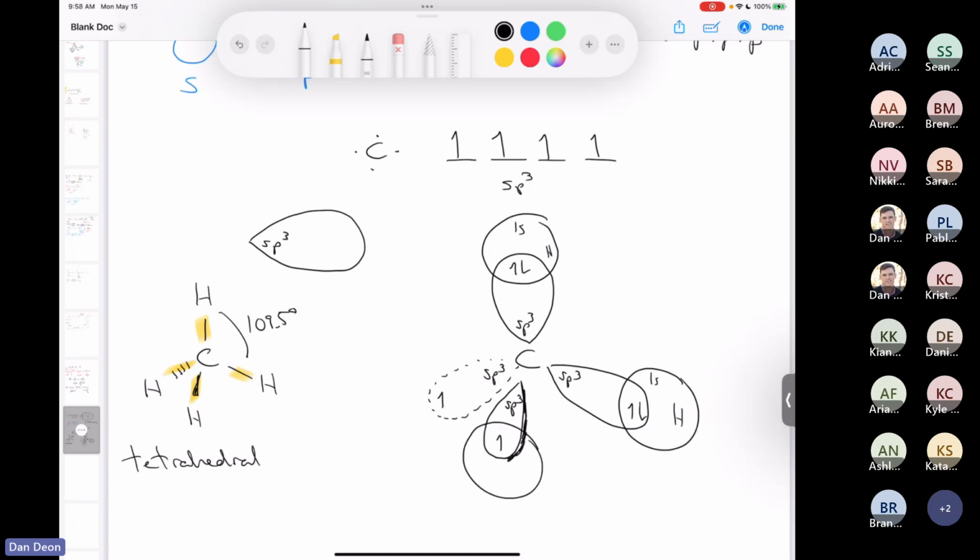There's a hydrogen atom here, and this is a 1s, and there's my electron. And then I have a hydrogen atom here, and this is also a 1s. And so where are the bonds? This is a sigma bond, this is a sigma bond, this is a sigma bond, and this is a sigma bond. Because remember, a sigma bond comes from the overlap of orbitals. So we have the unhybridized 1s orbital, and then we have the hybridized sp3 orbital.